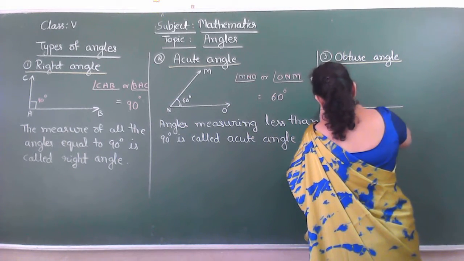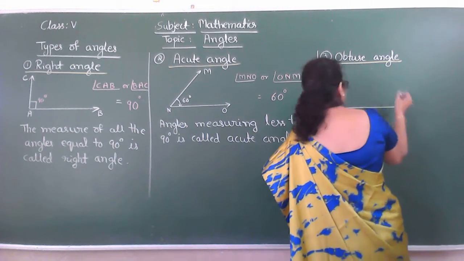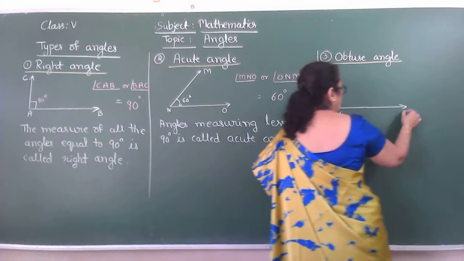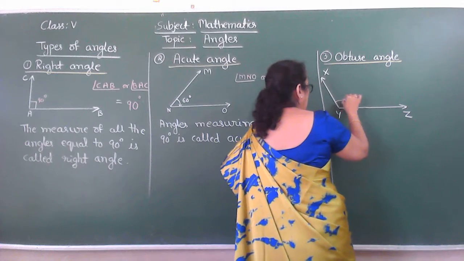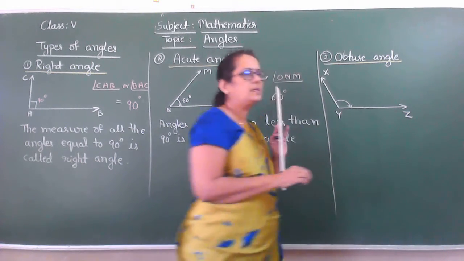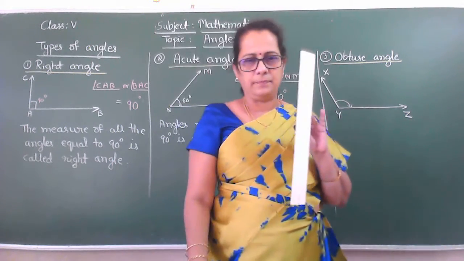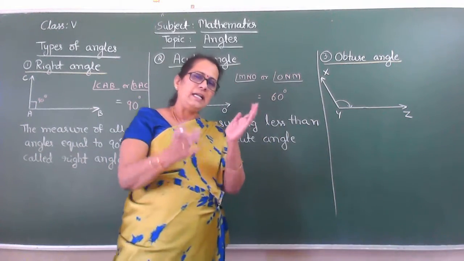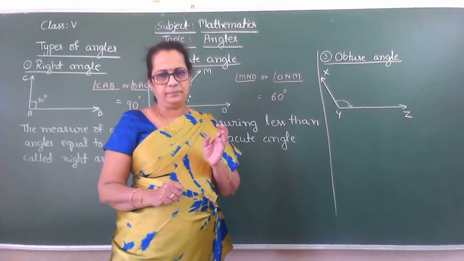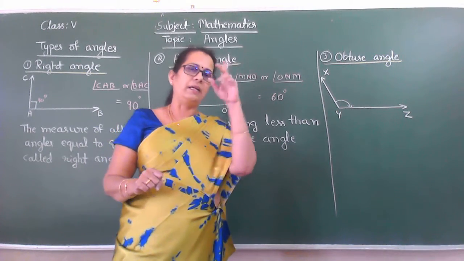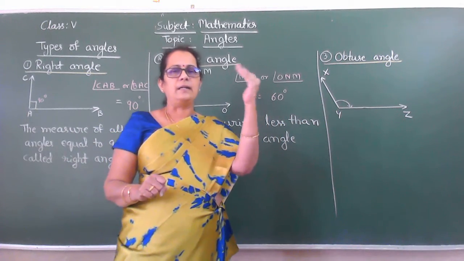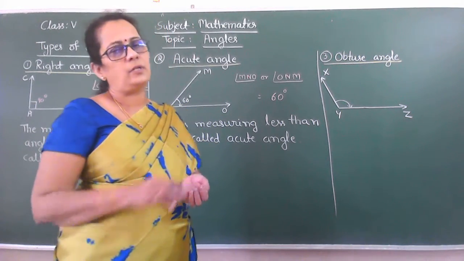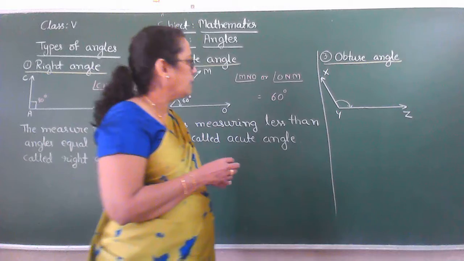It should be greater than 90 degree. X, Y, Z. See here, the angle formed is greater than 90 degree. It should be greater than 90 degree and less than 180 degree. Then such type of angles we call an obtuse angle.